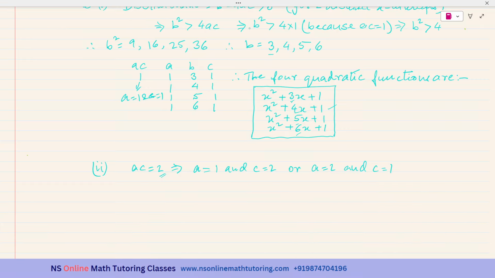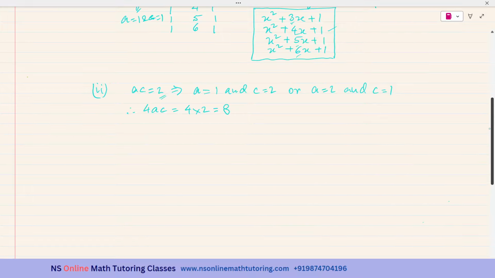Okay. So 4AC is equal to 4 times 2, which is equal to 8. For two distinct x-intercepts, B square should be greater than 4AC.